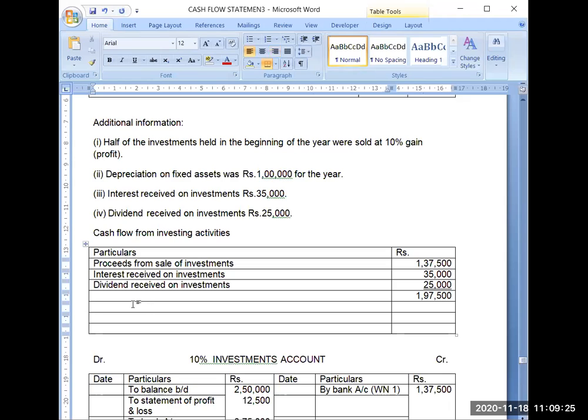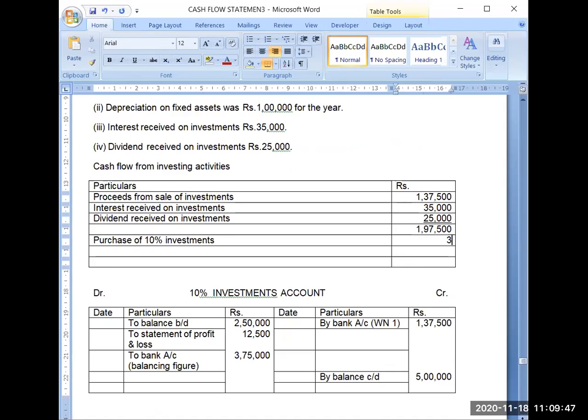Now we will write the outflows. So we have purchase of 10% investments. And we have purchased investments for rupees 3,75,000. We will write it in bracket, 3,75,000.